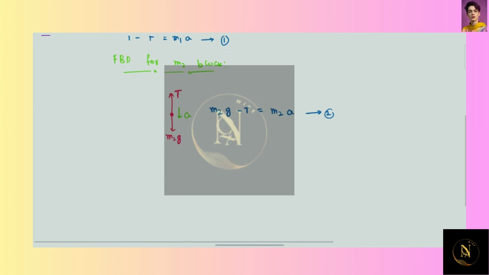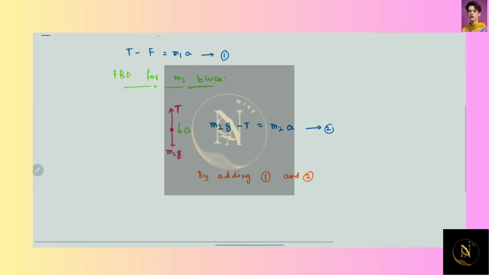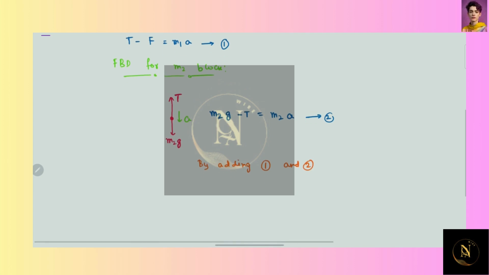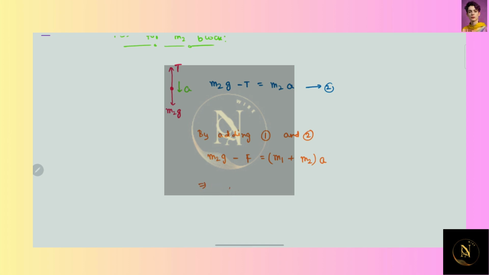So by adding 1 and 2, we can write that m2g minus F is equal to m1 plus m2 times a, or a is going to be m2g minus F, where F is m2g by 2, divided by m1 plus m2.